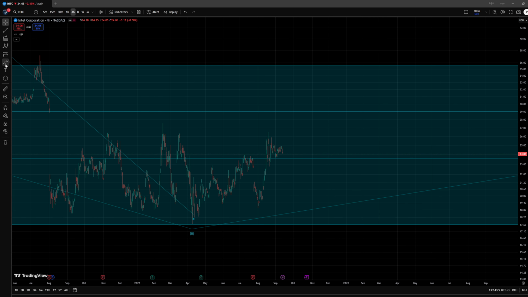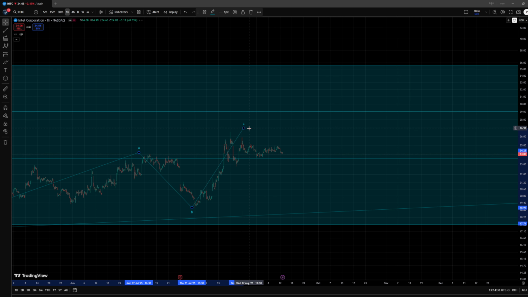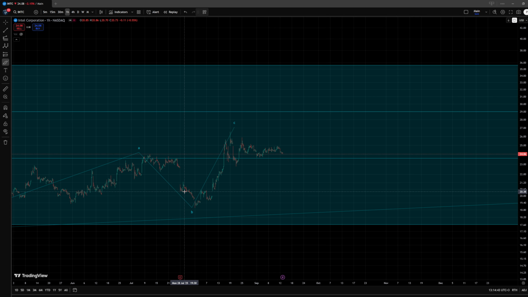Unfortunately, we so far only developed a 3-wave move in this structure, so I would say that this seems to be developing as an ABC pattern, where the C wave technically could be complete, but could still be ongoing actually, where this was a wave 1 up, a wave 2 down, third wave up, fourth wave could have bottomed here, could still be developing as a triangle that is not 100% clear, but there is still a decent chance that we are still going to push higher within the fifth wave overall.